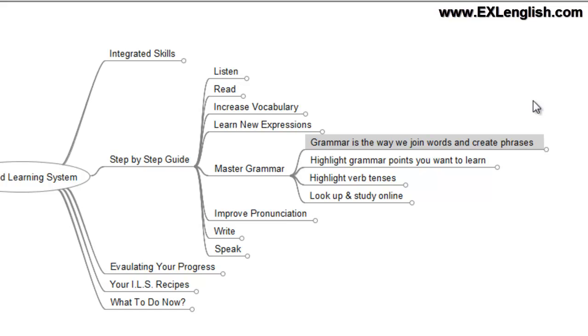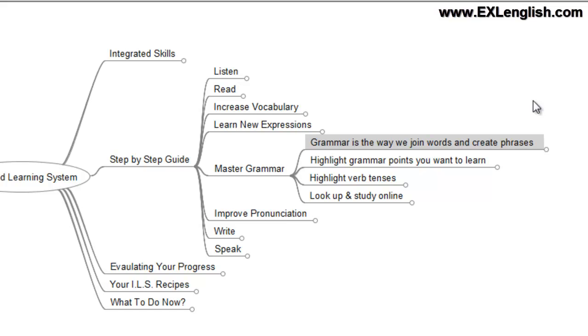No. You learned to speak. You listened to other people. You talked with your mother and with your father, and they corrected your mistakes, and you learned to speak. After you learned how to speak, then you went to school and you studied the grammar so you could improve your speaking and speak better, right?